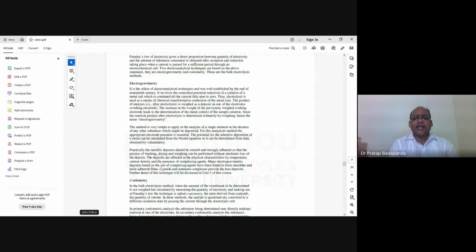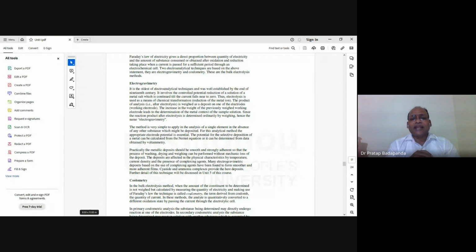Only one electrode, so there is no potential difference. There are no two electrodes, only one electrode dipped in it. Suppose in zinc sulfate solution, you put down zinc. Then zinc will deposit at that particular zinc electrode. Similarly copper sulfate solution with a copper electrode dipped in it, so copper will deposit. That is the simple process.